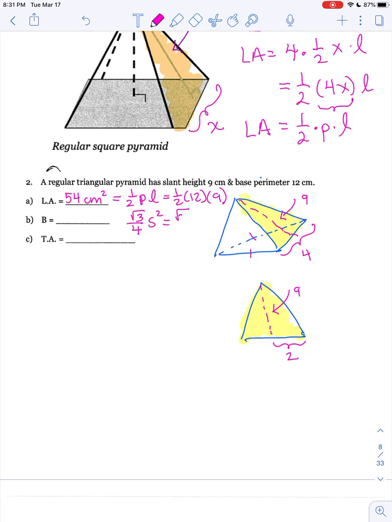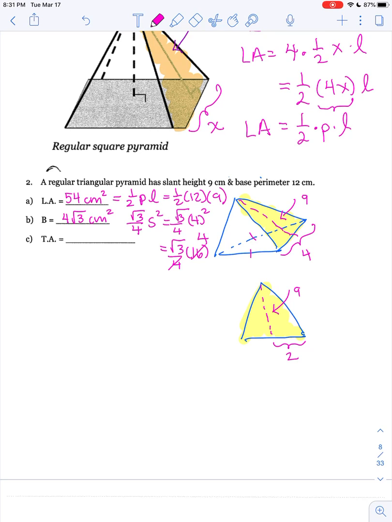So if I go ahead and plug in rad 3 over 4 times the side squared, 4 squared, and simplify that out, I have rad 3 over 4 times 16. Okay, I reduce that. 4 goes into 16 4 times, so my base has an area of 4 radical 3 centimeters squared.